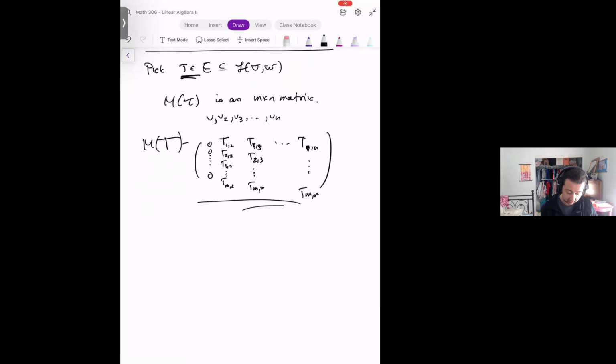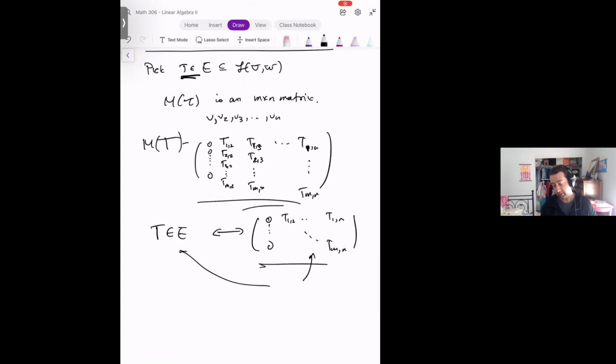Any T contained in E is in one-to-one correspondence with a matrix that has a column of zeros and then a bunch of free choices other places. And by free choices, what I mean is if you pick the T, you're forced to get this matrix. But if you pick this matrix, it gets you a T back in E. That's what it means to be an isomorphism.